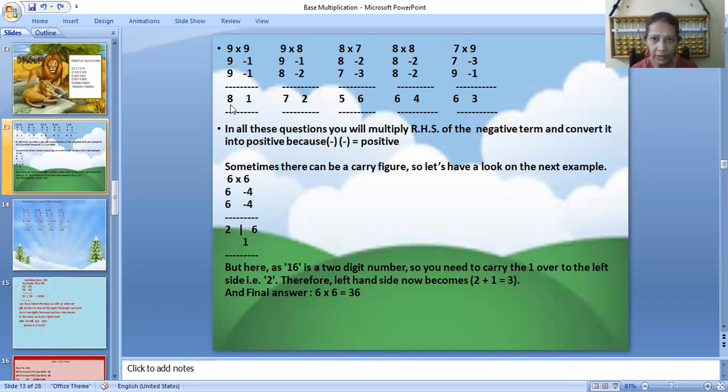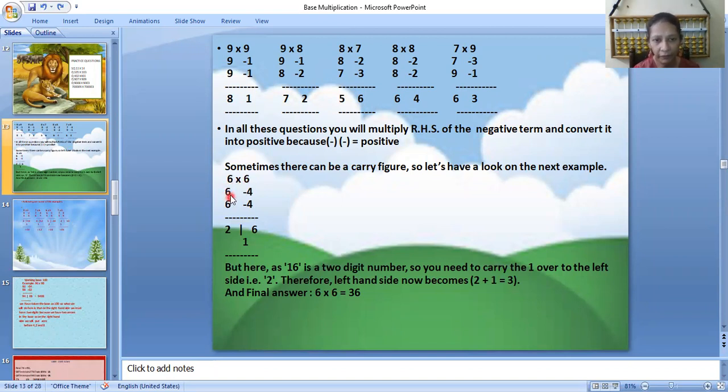Now you have seen this, but there is one important case when you can get carryovers also. In these cases, you can see there is no carryover. But the next case I'm going to discuss with you. Look at this 6 multiplied by 6. Here you will get the case of carryover.